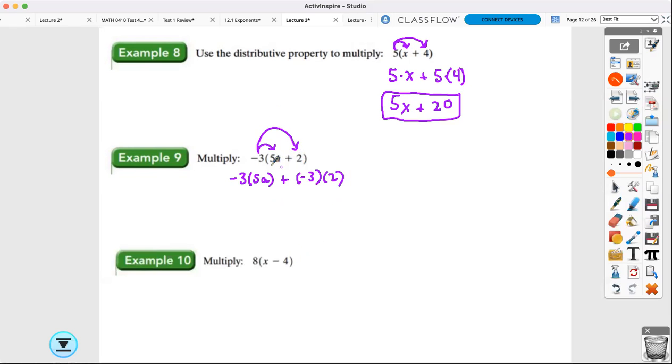So notice how the -3 went to the 5a, the -3 went to the 2, and the plus is still there, right? So -3 times 5a is -15a. -3 times 2 is -6. But plus a -6 is just -6. So rewrite that as -6, and we're done.